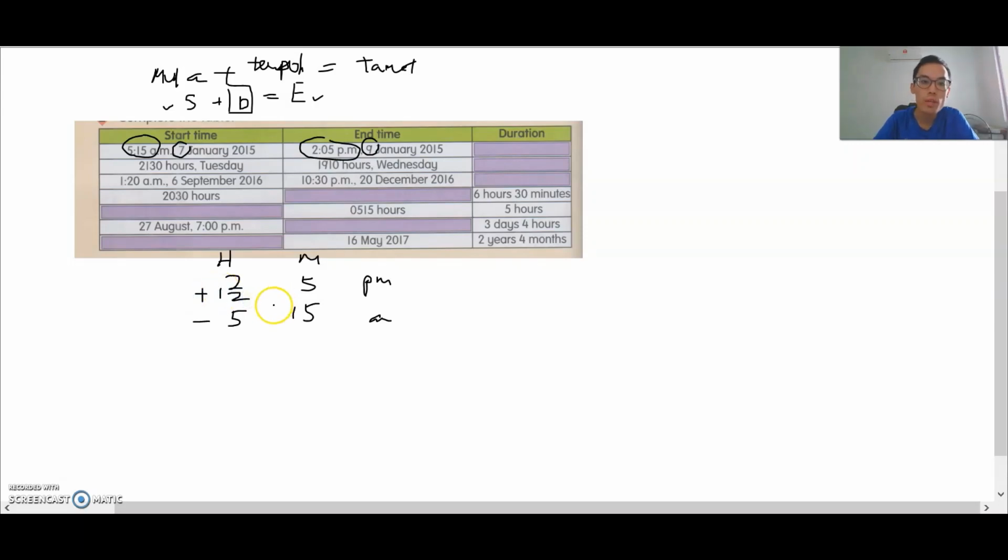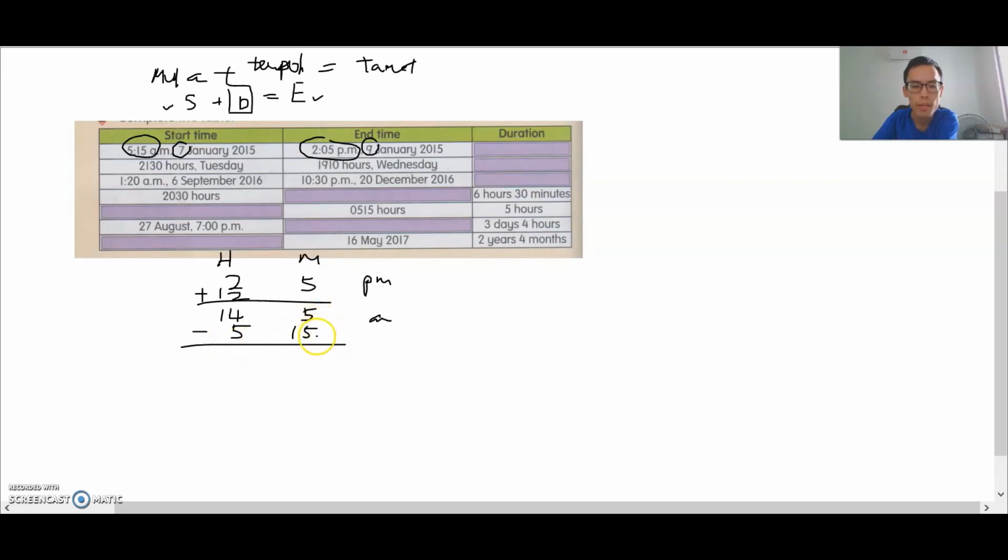Then we can minus 5:15. So you plus 12, you get 14 hours, 5 minutes. Then you minus 5:15 AM.